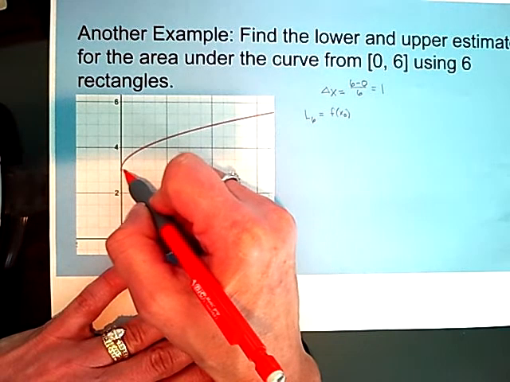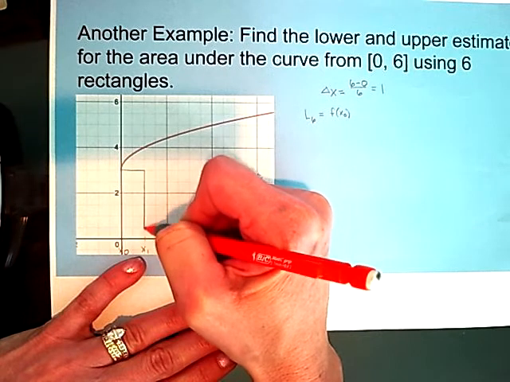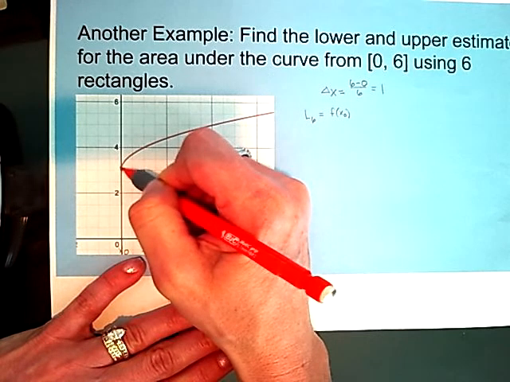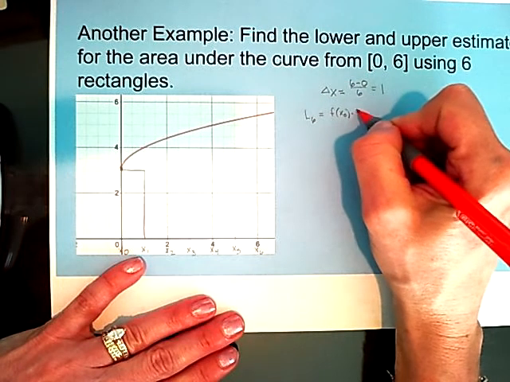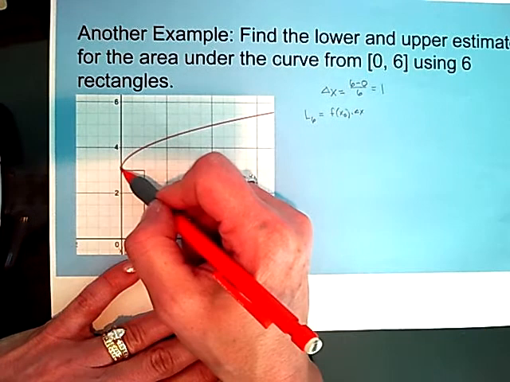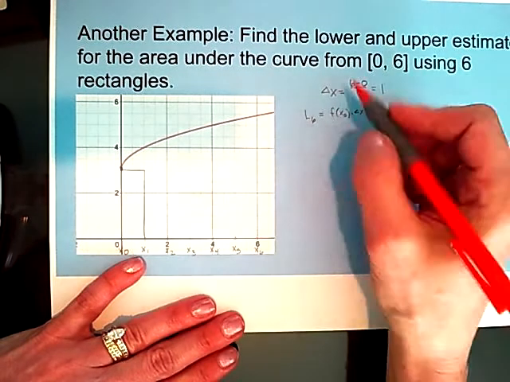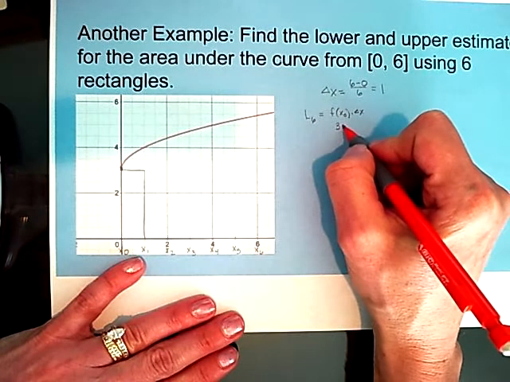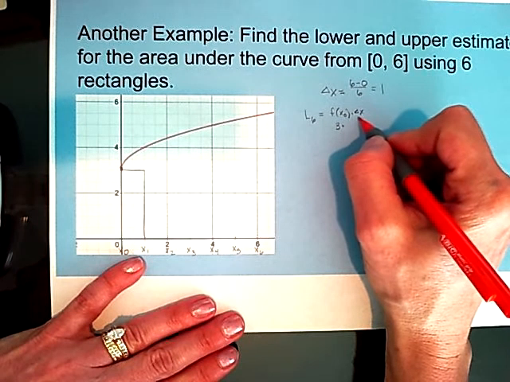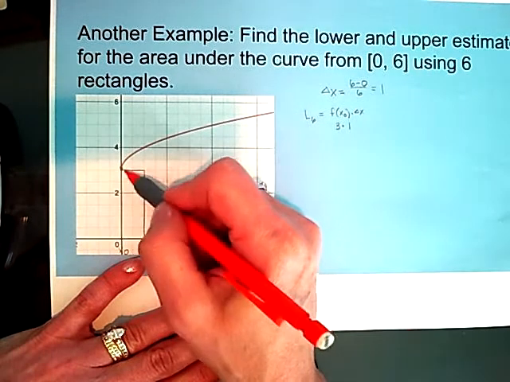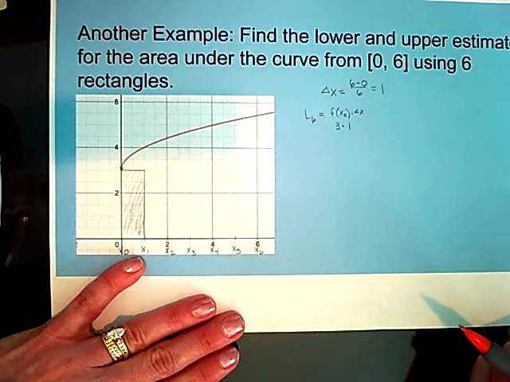Now, since I don't have an actual function to plug this into, what I use is the curve itself. So I take that first curve and how high does it reach? So I'm only looking at an estimate there. So I'm saying that it's going to reach approximately 3 times the width of that rectangle, which we've already calculated our delta x to be 1.